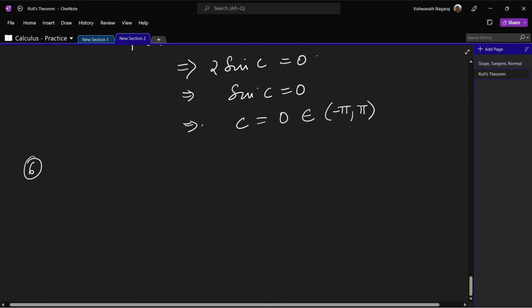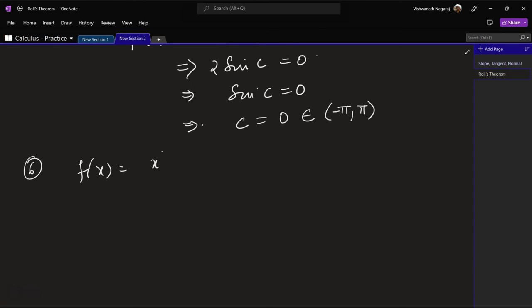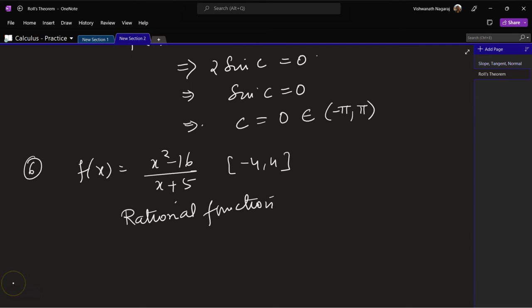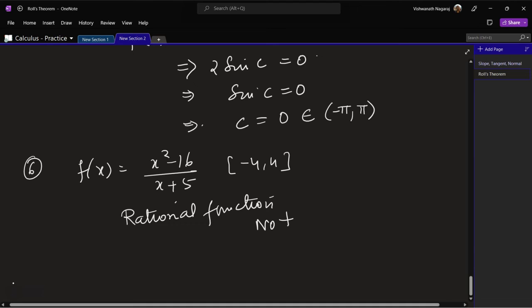Look at the sixth one. f of x is equal to x square minus 16 by x plus 5 in the closed interval minus 4 comma 4. Okay, it's a rational function. Okay, not continuous at x plus 5 equal to 0, which is x equal to minus 5.